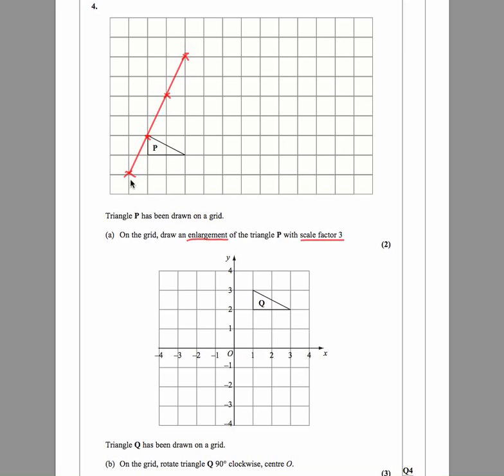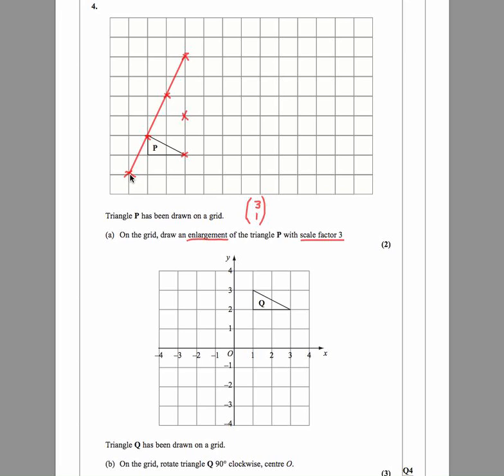Okay, so we'll do this for the second point as well. From our origin, 1 across, 1 up, 1 across, 1 up, 1 across, 1 up. That ends up there. And then to this point here, this is 3 across and 1 up. If we were thinking of it as a vector, 3 across would be that, 1 up would be that.